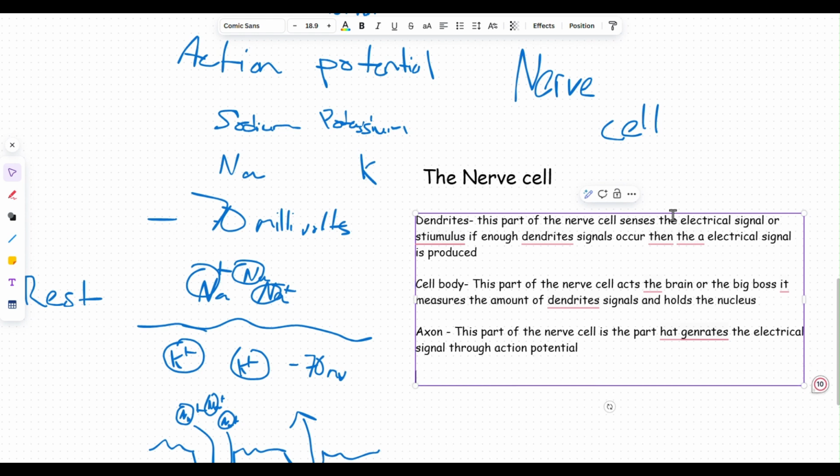Now, the myelin sheath. A myelin sheath is a fatty substance that covers the axon, speeding up the electrical signal.